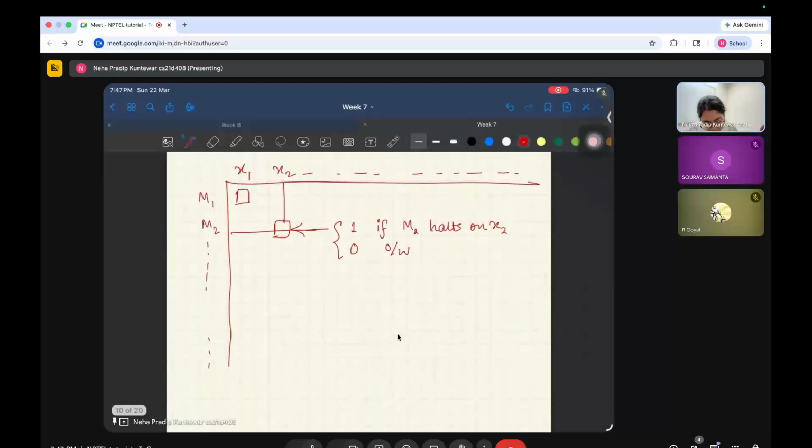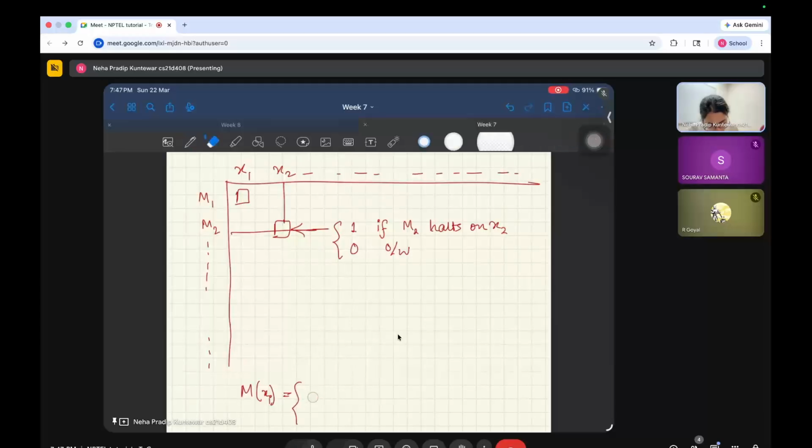Then what you do is the same. It's exactly the same idea, which is you come up with a new machine m, which is as follows: m on input xi is going to halt on xi if mi does not halt on xi, and let's just write 1 and 0.